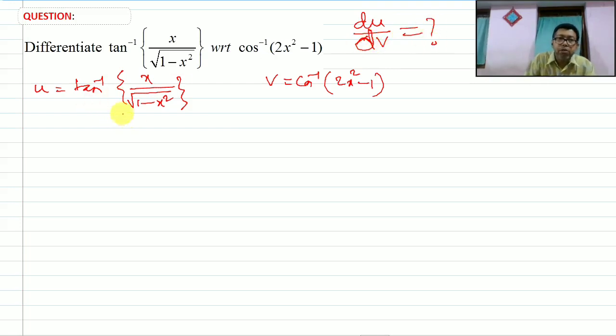Okay, first of all you have to substitute. So what will you consider here? Let us consider that x is equal to, better you take sine theta.